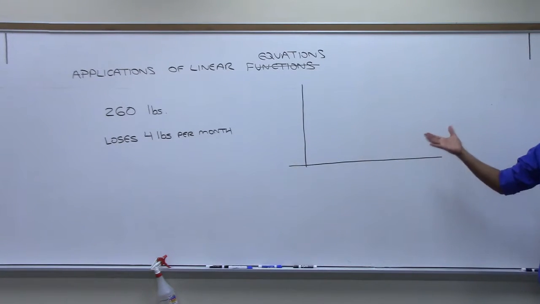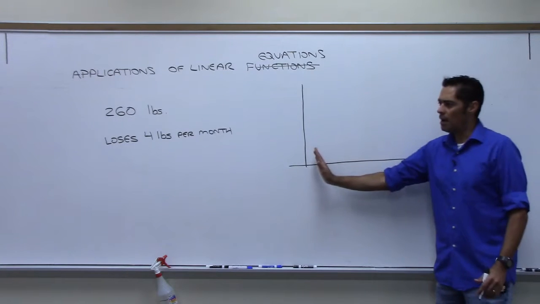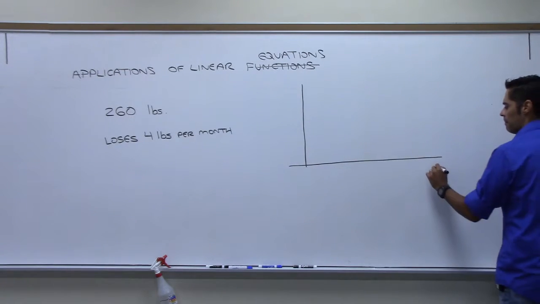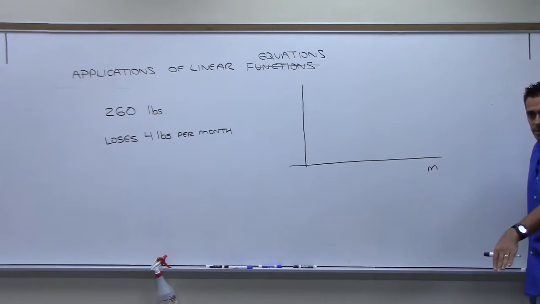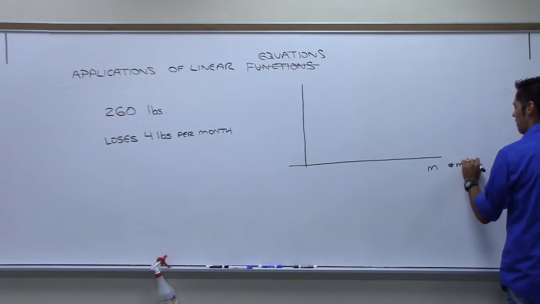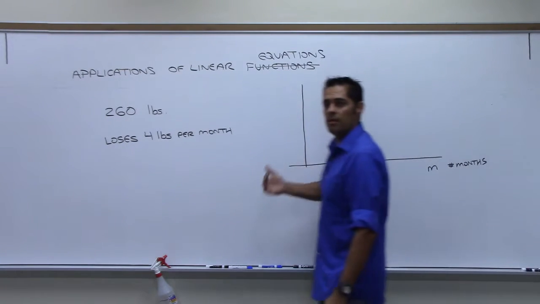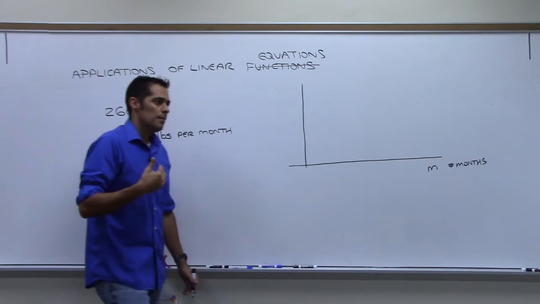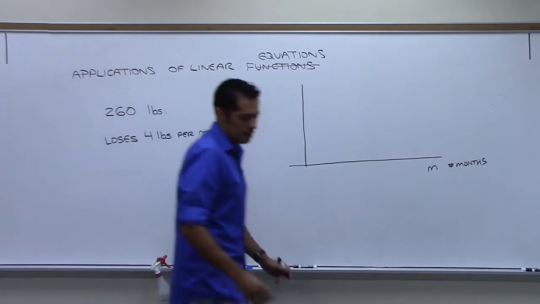Right? So it's going to be your x and y axes, but we're only going to be looking at the right side of it because this right here, instead of using the variable x, we're going to use variable m because it says m months in there. And this is going to be the number of months. And then the y-axis is now going to be what? His weight, right?